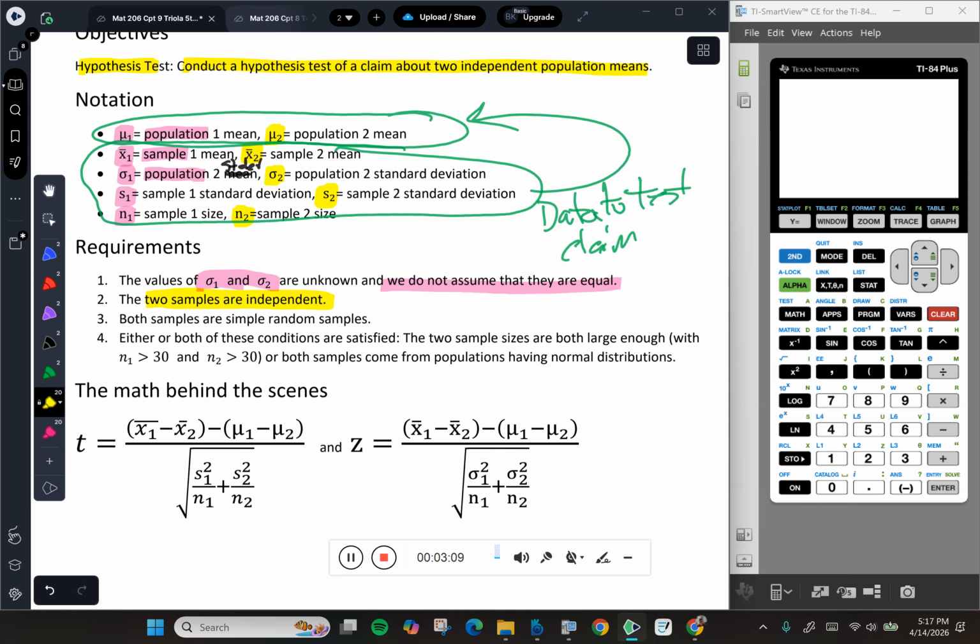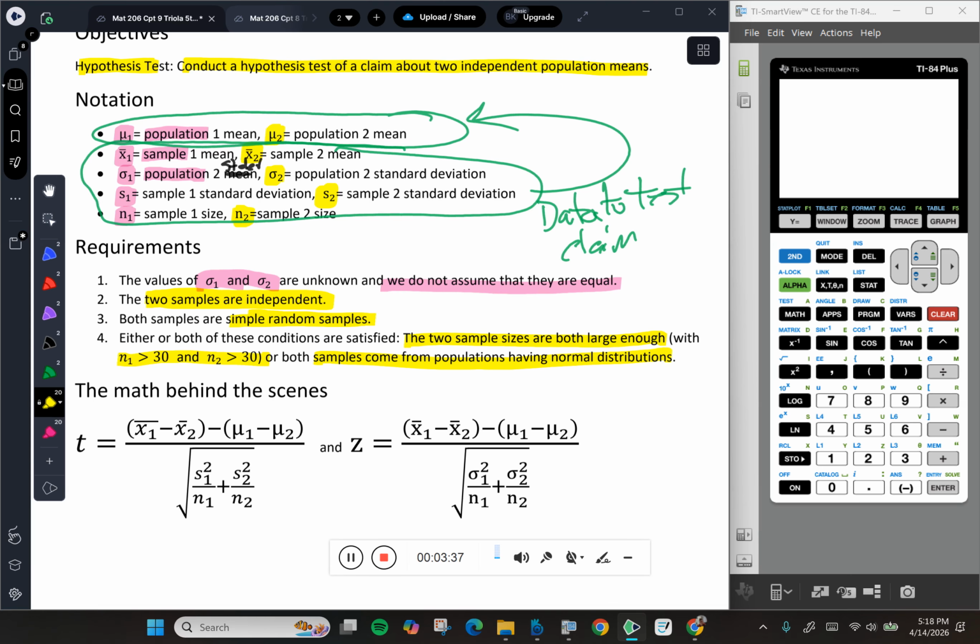Again, this idea that the group that I talked to for sample 1 and the group that I talked to for sample 2 are not connected in any way. The answers from group 1 don't apply to group 2 and all that. Of course, simple random samples, that's an always thing, right? And then the last one, when we talk about large enough, we say that the two sample sizes are both large enough. That is, they're both bigger than 30, or both samples come from populations having normal distributions, right?